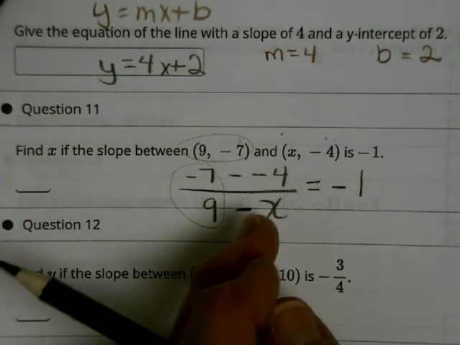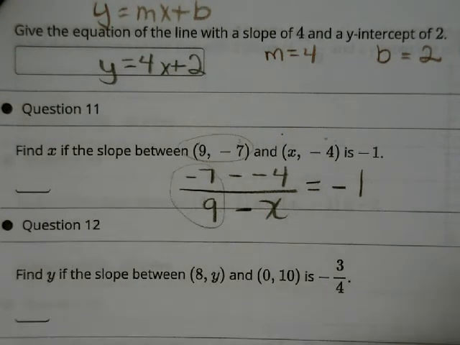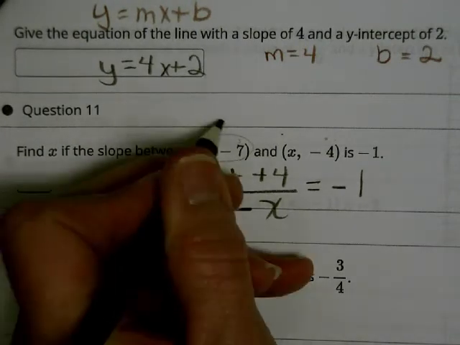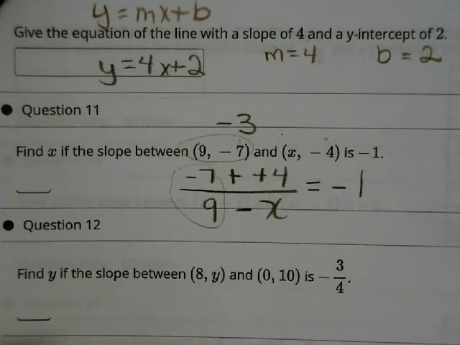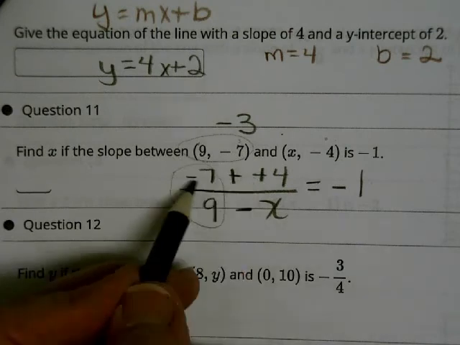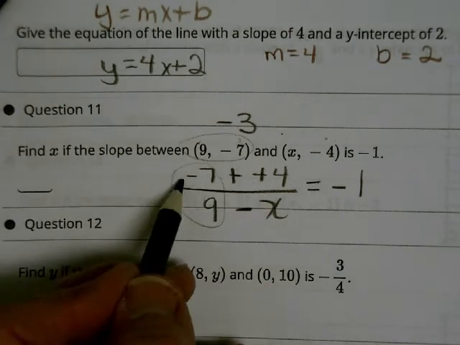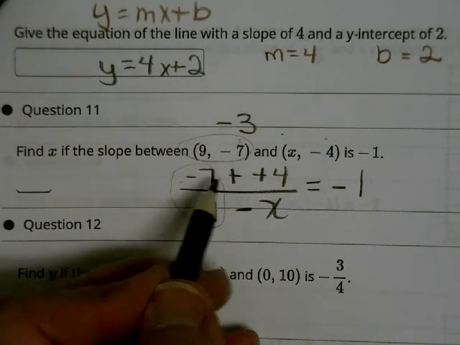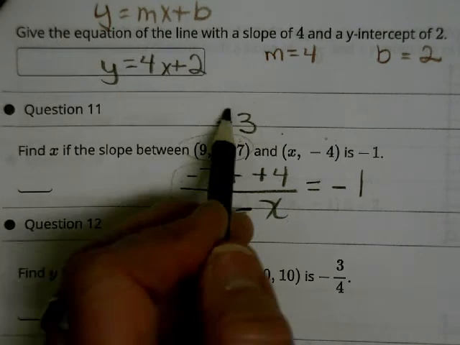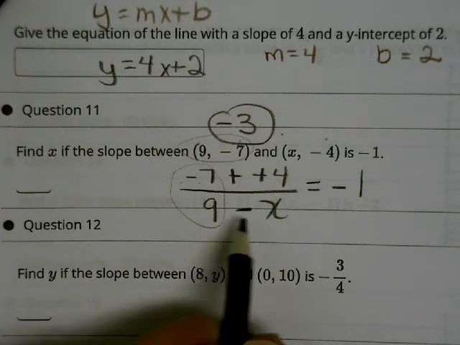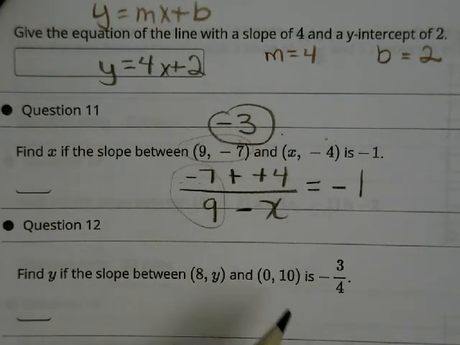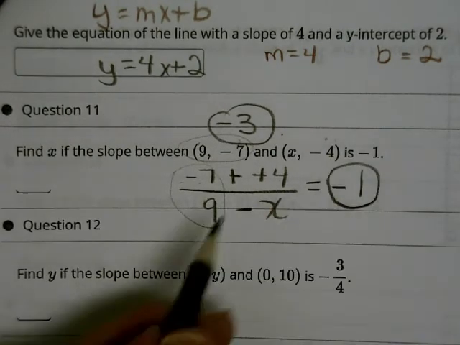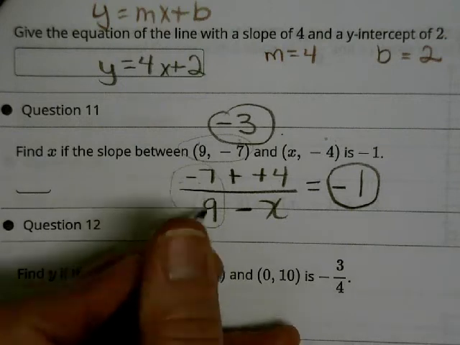That means the top has to be a number and the bottom has to be the opposite of a number. So this top number is -3, right? Because when you subtract a negative, you get a positive, right? -7 plus 4, okay? So we're taking -7 plus 4, you get a -3. Now, that means this bottom number has to be 3, because I need an opposite, because it has to reduce to a -1.